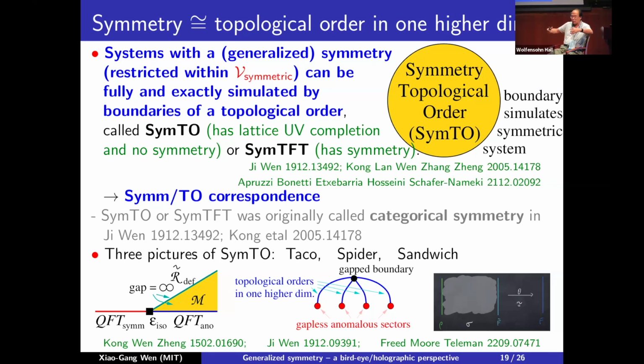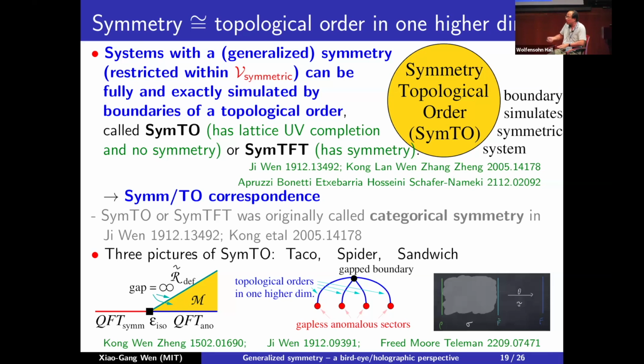It's kind of like when the bulk is a gauge theory, the boundary is always in the charge-neutral, gauge-invariant sector. But this picture can generalize. So this becomes a precise statement that we can use the SymTO or SymTFT, using its boundary, to exactly simulate the symmetric system.